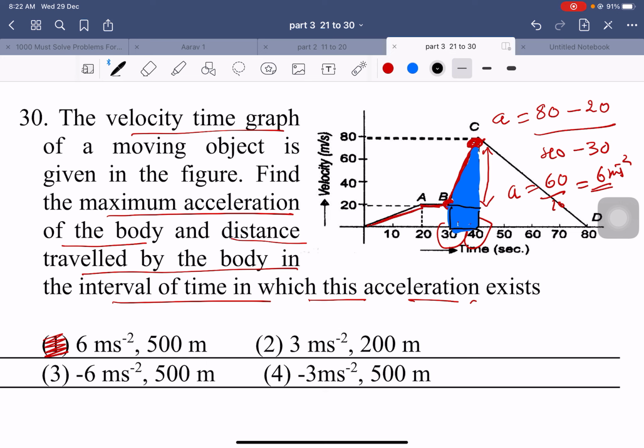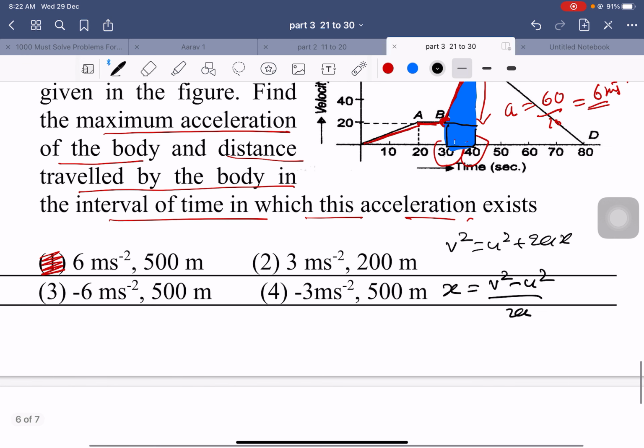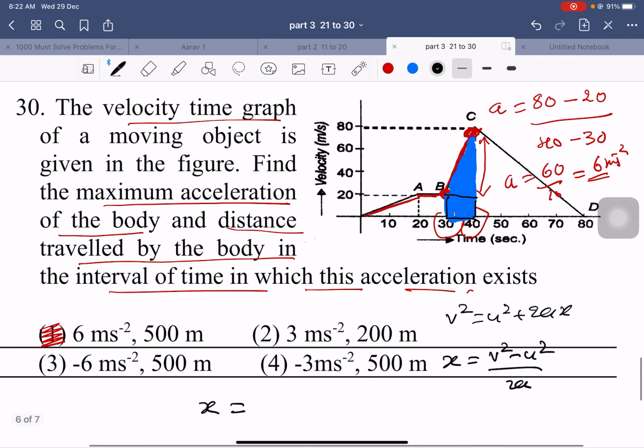Okay, so you can do that, or we can also use the equation v square equal to u square plus 2ax to find x. What is the formula? X is equal to v square minus u square divided by 2a. Since we have already found the acceleration, we can calculate here. Final velocity is 80, initial velocity is 20.